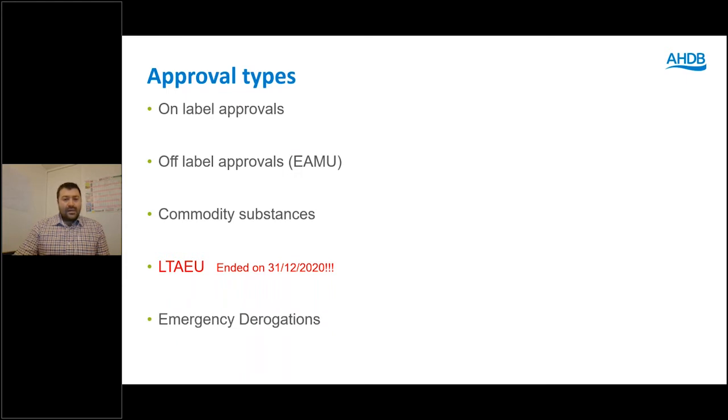And lastly, emergency derogations. Now, these are not very prevalent or commonly found in our segment, the cut flower segment. However, they do give us 120 days of a specific use for a specific active ingredient. Again, they're legal means of us being able to use an effective product for the control of a specific target.